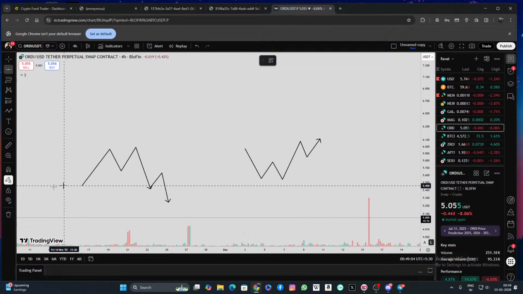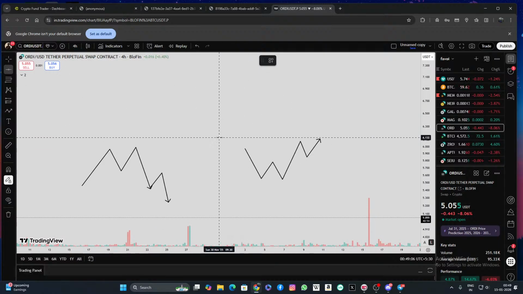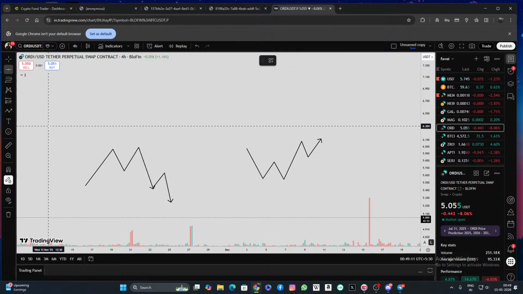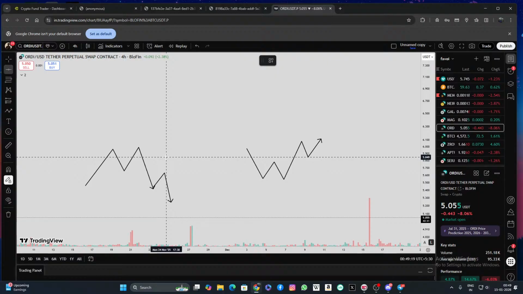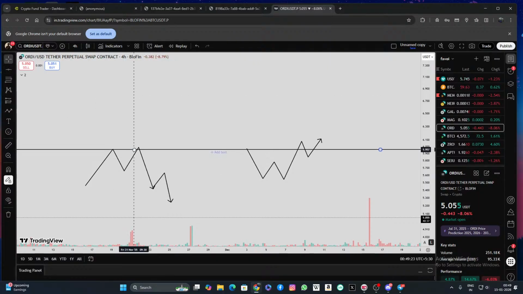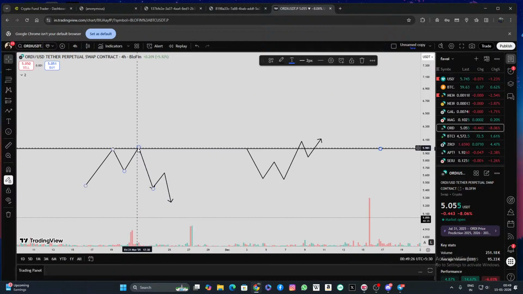So that's a double top and that's a double bottom pattern. Let's take the double top pattern first, and leave the double bottom for now.